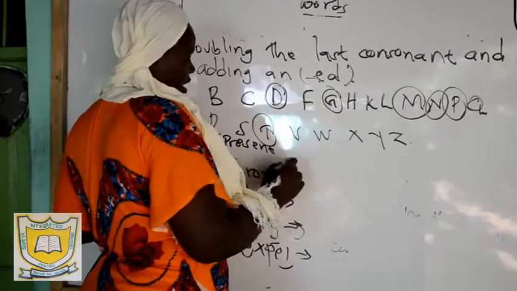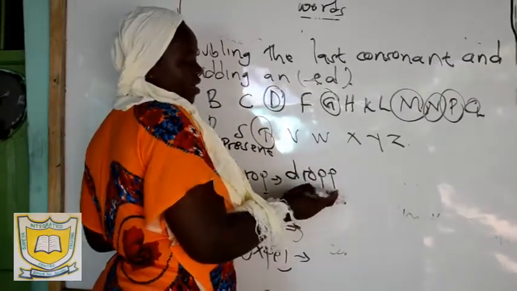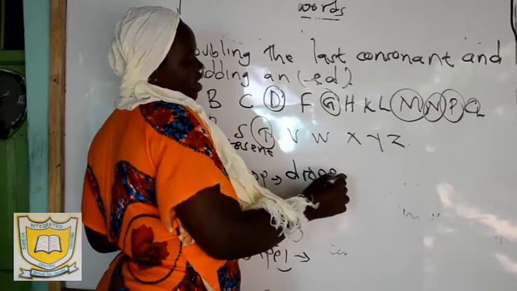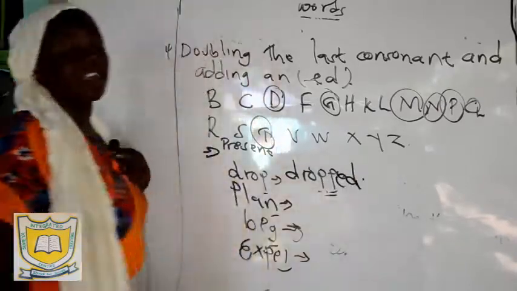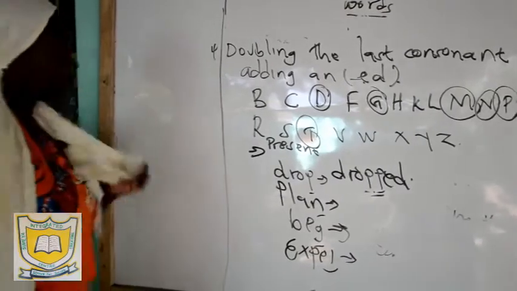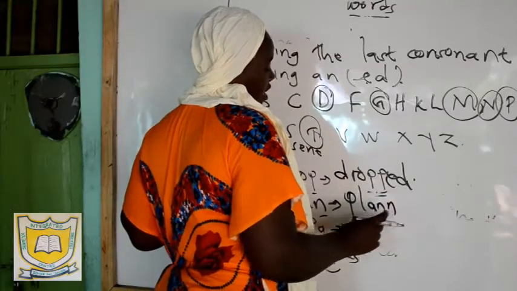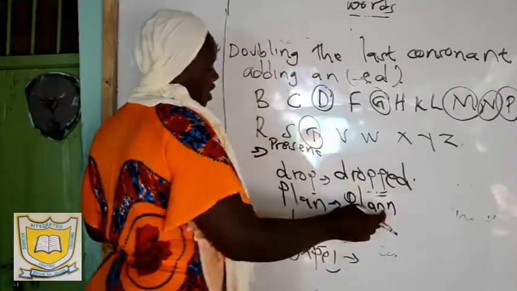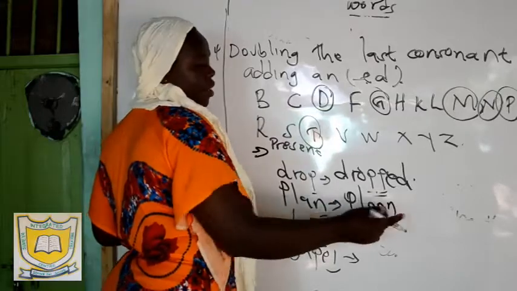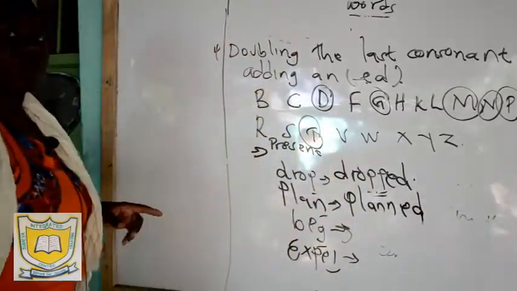If I say doubling, for example, this is drop, now double the last consonant, which means you have double P, then you add an ED to form its past tense. The word becomes dropped. Then you have plan, double the last consonant, which is N, double N, and then you add an ED to form its past tense.